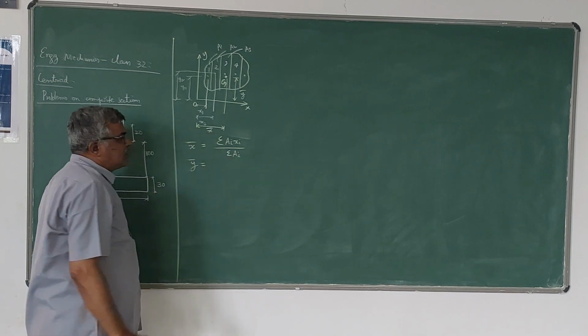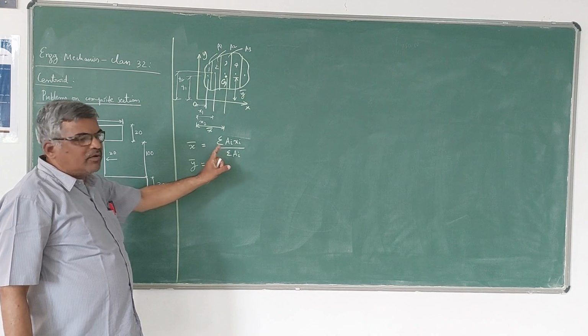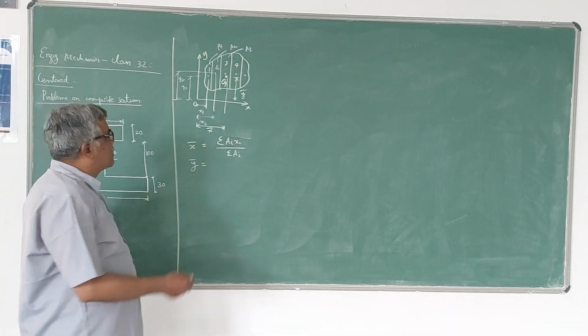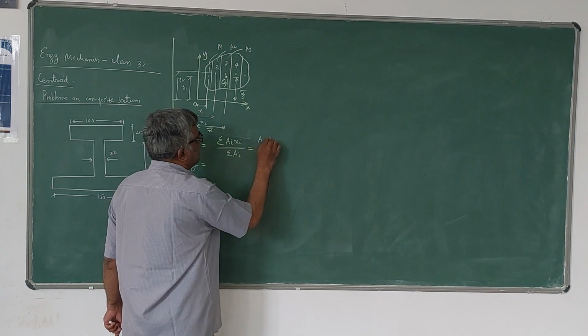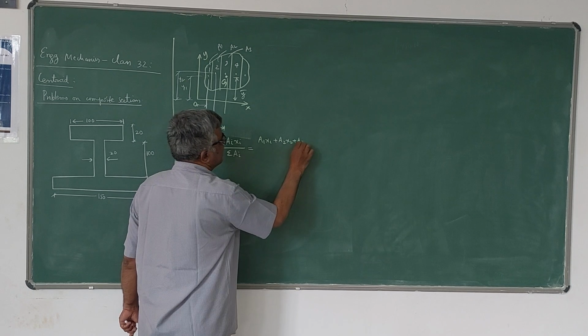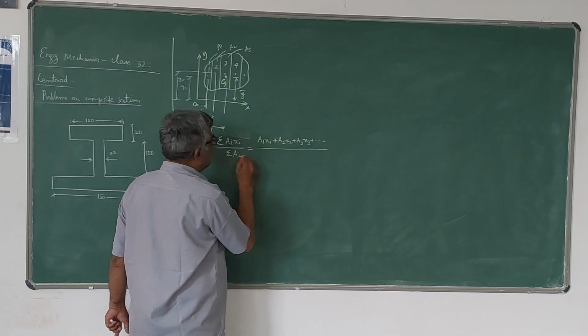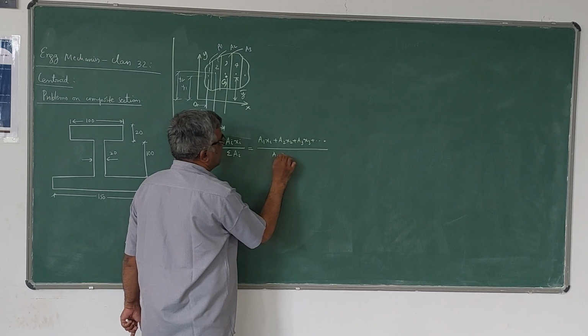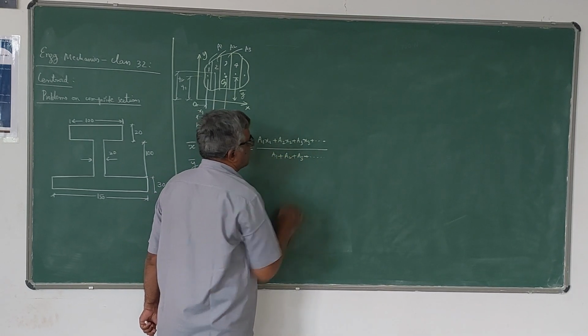That means here, instead of using the integral formula, we are using a discrete formula. Summation ai xi means a1 x1 plus a2 x2 plus a3 x3 etc., divided by summation ai, which means a1 plus a2 plus a3 etc. So you get the total area.